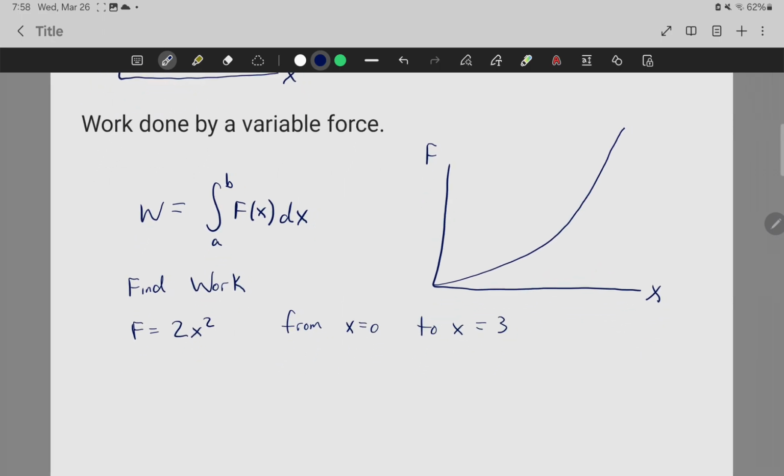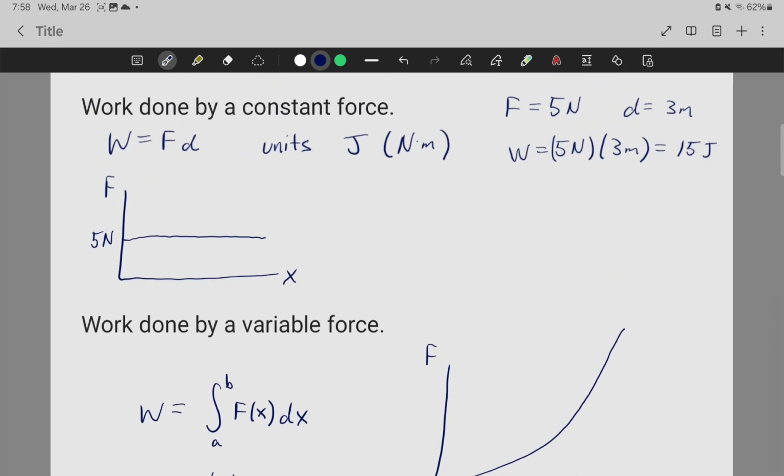If we set up our integral, that would look like work equals the integral from 0 to 3 of 2x squared dx. And then we would take that integral and that would be our work.